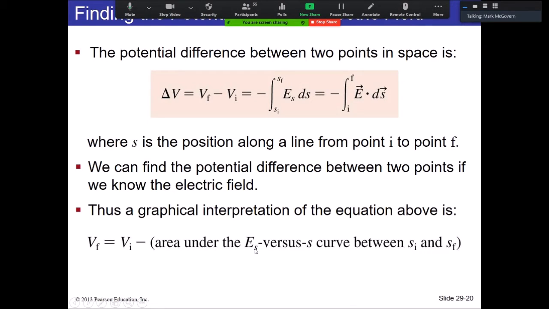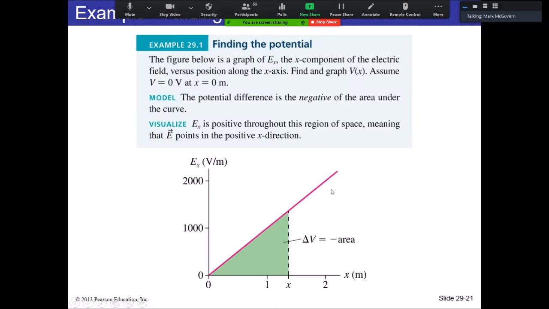Notice this down here says an E sub S, and this S is a generic direction. When you do this, you have to specify a path, right? And that path is going to be in some random direction. It could be X, could be Y, could be R, whatever you want, right?